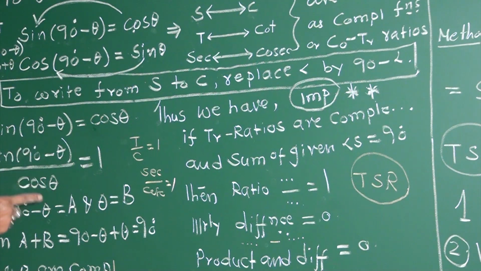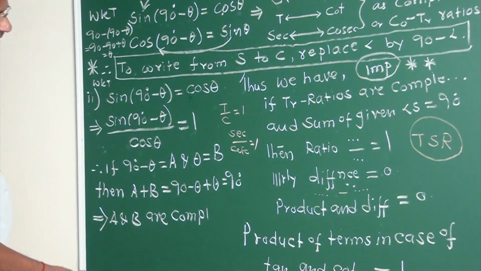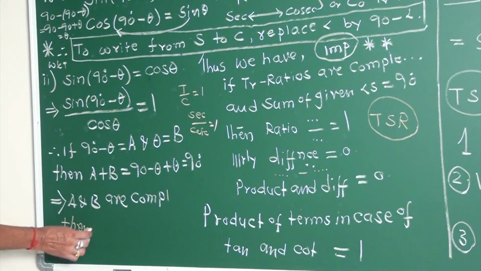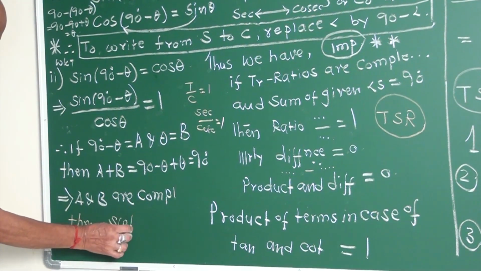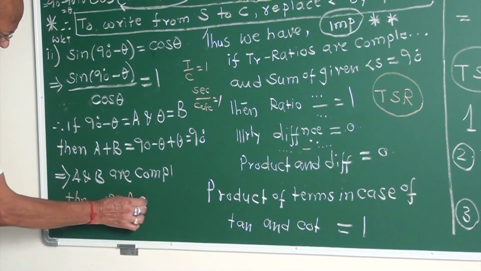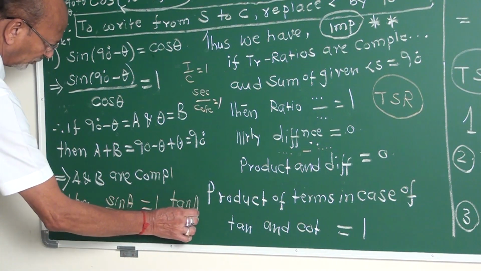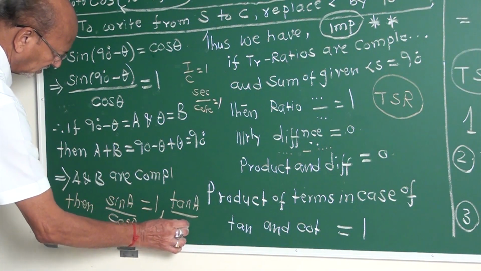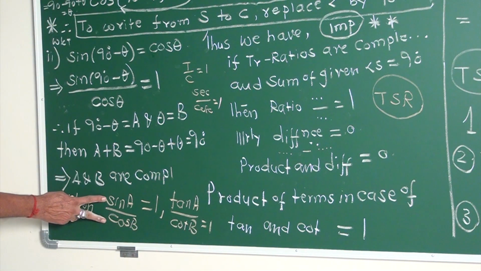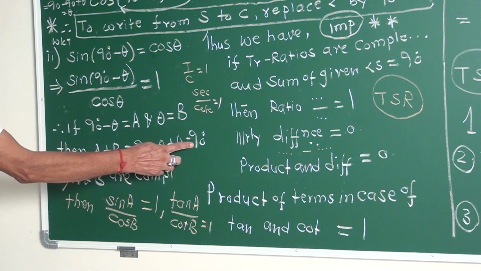sine A upon cos B, where A and B are angles, equal to 1, or even in case of tan A upon cot B, it is also 1, my friends. In this case, it must be sine cos, and A plus B must be 90.